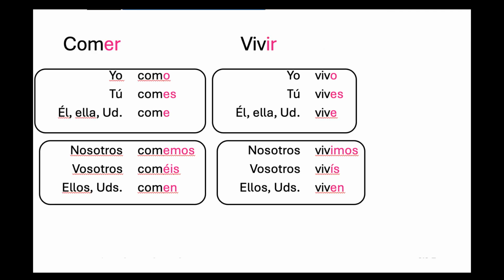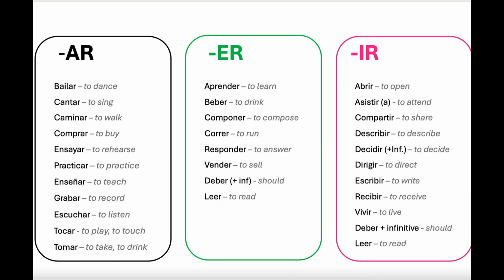To summarize, endings for verbs that end in er are o, es, e, emos, en. I'm skipping vosotros. For ir, same exact ones except for nosotros. That is with an I. So, o, es, e, imos, en. Here you have a screen where you have verbs that end in ar, er, and ir.